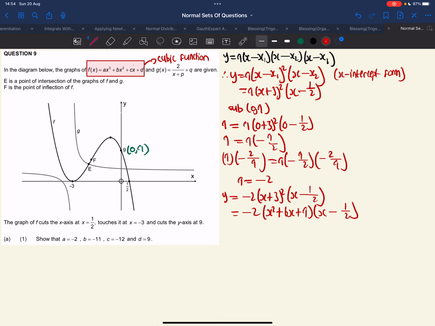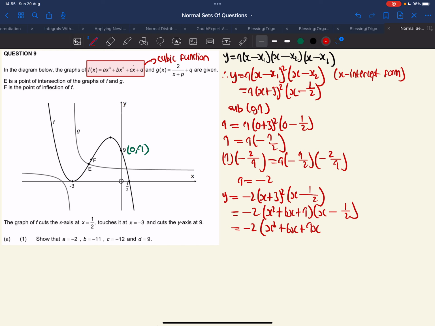Then we're going to use the distributive law, starting with the x going in there and then the half going in there as well. Then we're going to say equals -2 times: x times x squared gives us x cubed plus 6x squared plus 9x.